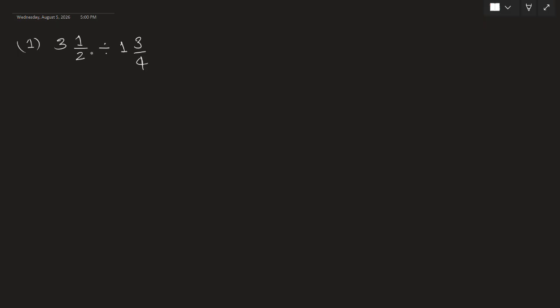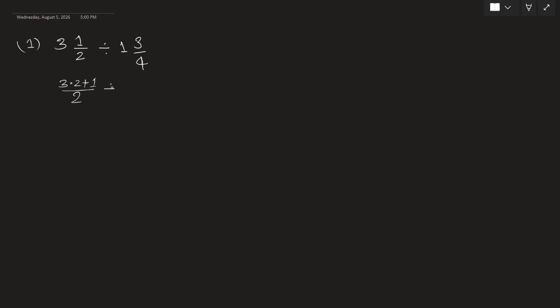To divide it, we have to convert these mixed fractions into improper fractions. So how do we convert a mixed fraction into an improper fraction? We keep this denominator at the same position and multiply this 3 by 2 and add this 1, which is in the numerator.